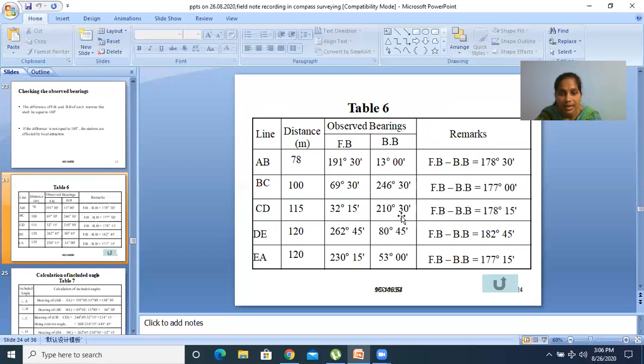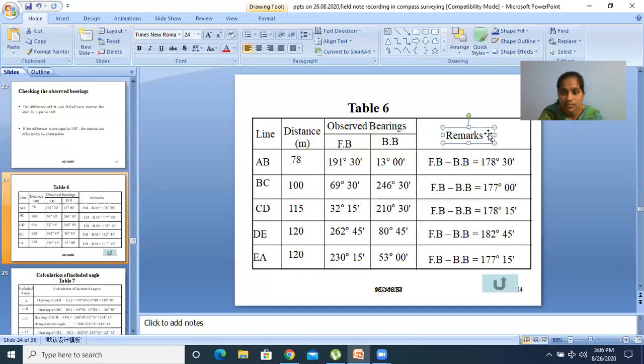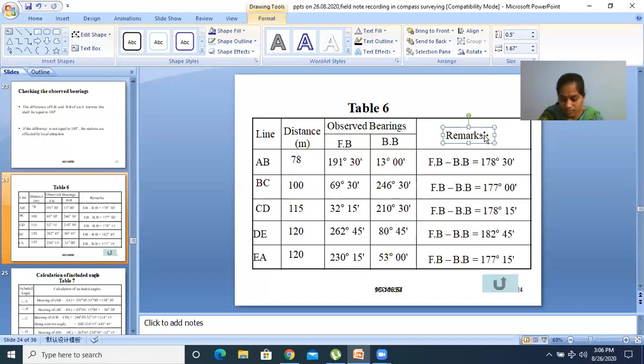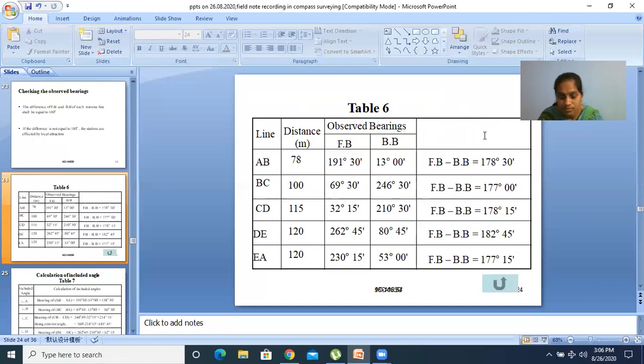So line, distance, observed forebearings and back bearings, and this is the difference. So remarks means these are the differences between the forebearing and back bearing. So we are checking whether the measured values are correct or not.